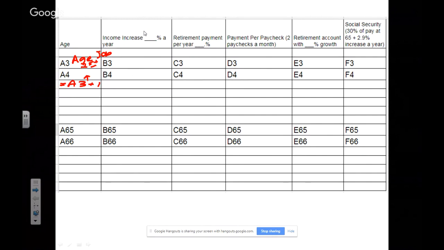And then what do we do? Drag it down, right? We're going to drag that all the way to what? To death. Someone was asking if the number over here says 102, do we drag to that number or to the death number?